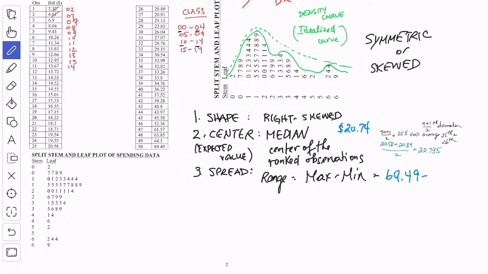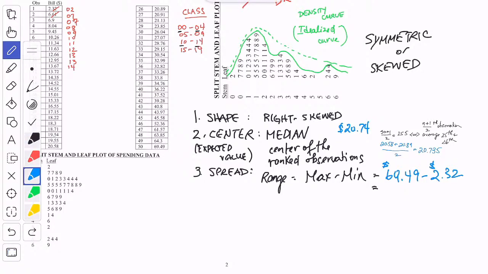69.49 minus 2.32 creates a range of 67. Okay, so that's the range of values.